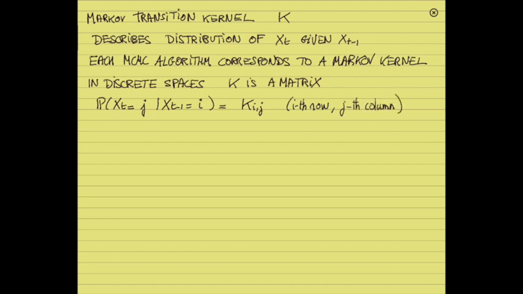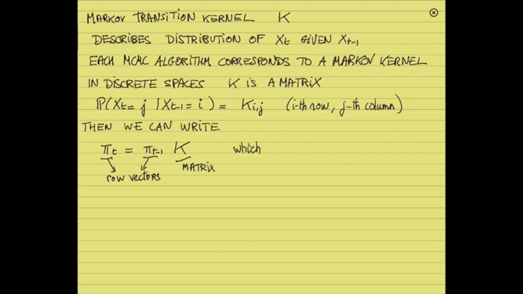You don't have to use that convention, but if you do, there's a nice notation that follows, which is very amenable to linear algebra. For example, you can write the distribution of the chain at step t, pi t, as pi t minus 1 times k, where pi t and pi t minus 1 are row vectors and k is a matrix.